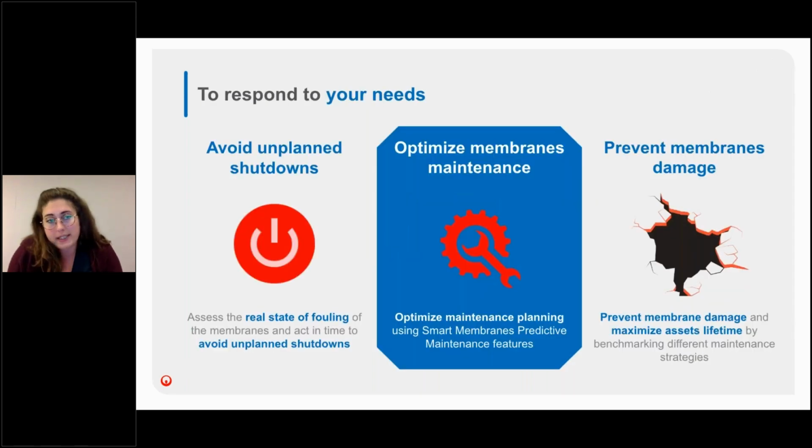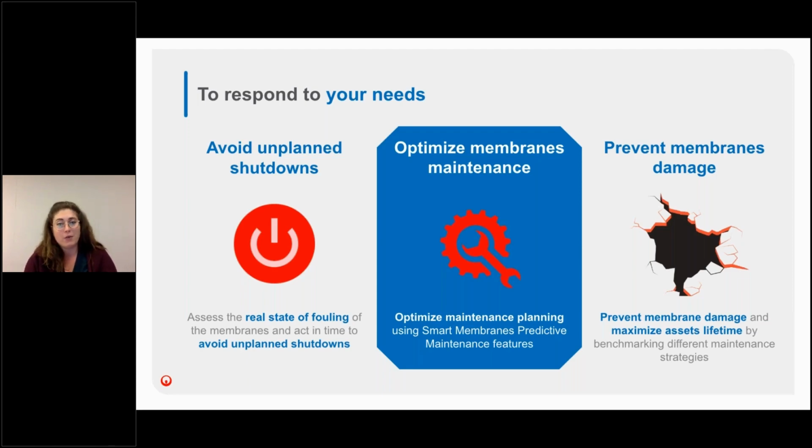So how can those smart membranes help operating teams? First of all, by visualizing in real time the real state of fouling of the membranes, operating teams are able to act in time to avoid unplanned shutdowns. Additionally, smart membranes' predictive features help operating teams to optimize their maintenance planning by recommending the best dates to perform CIPs and membrane replacements.